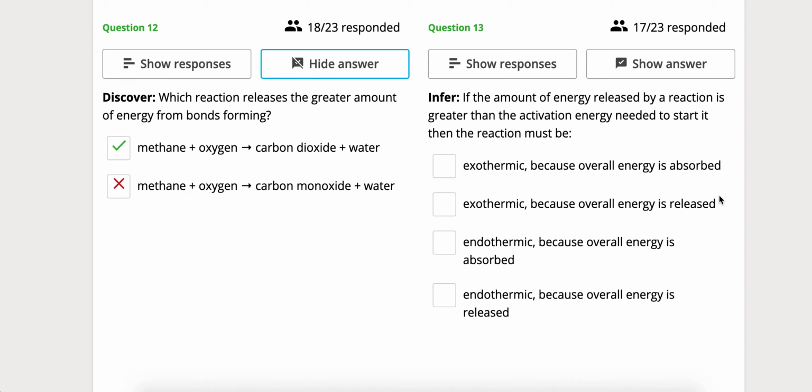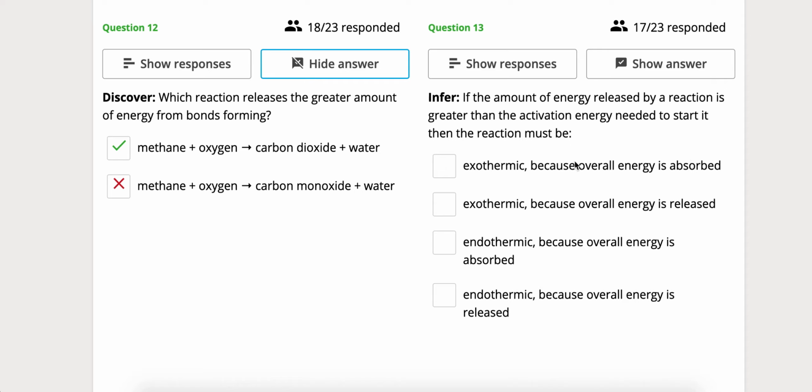Well, to start off with, let us rule out the ones that we know are incorrect. Let's look at option A. It says it's exothermic, but it's then talking about energy being absorbed. From what we know, exothermic reactions actually release heat, so it cannot be an absorption of energy.